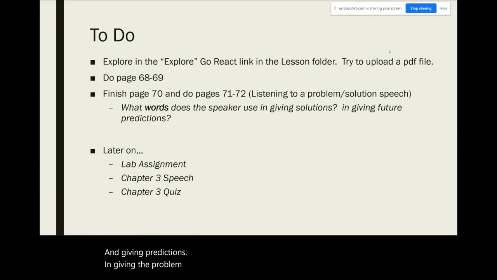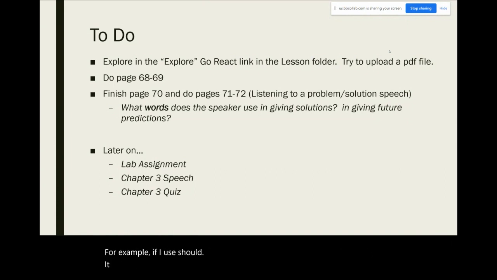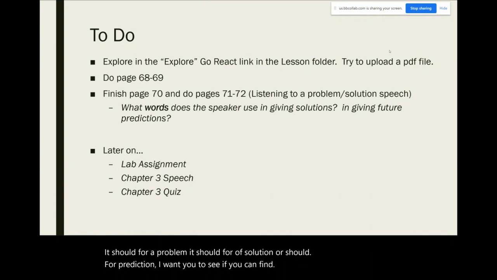Because on Wednesday, we're going to talk about more specifically what kind of words we can use to make our meaning clear. For example, if I use should, is should for a problem, for a solution, or for a prediction? I want you to see if you can find the words that we use to give a problem, a solution, and a result.